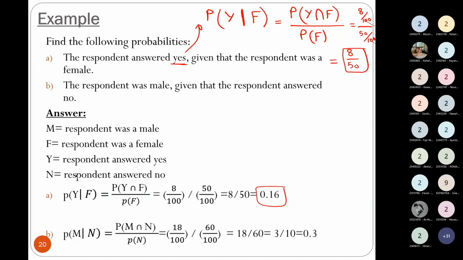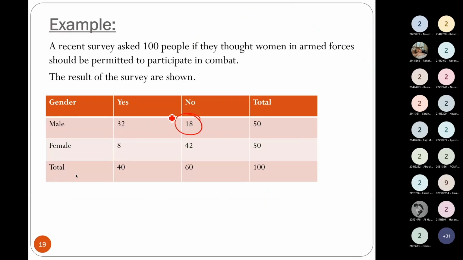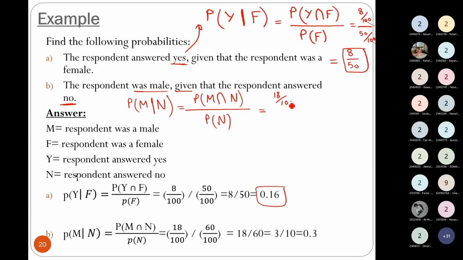Now, the respondent was male, given that the answer was no. So this is the probability of male and no over the probability of no. Male and answered no is 18 over 100.